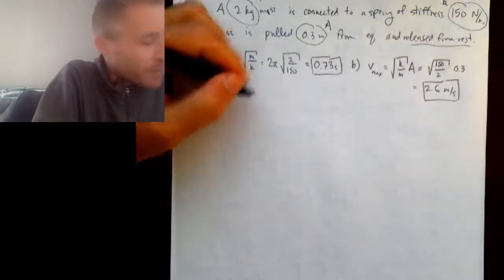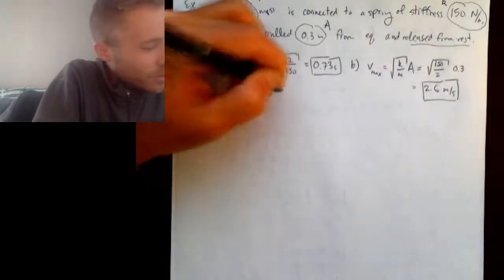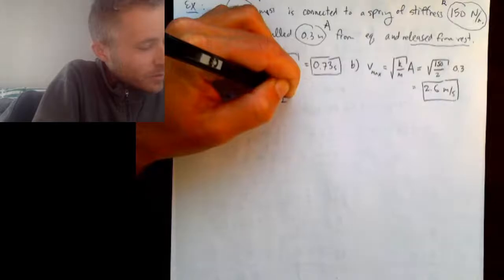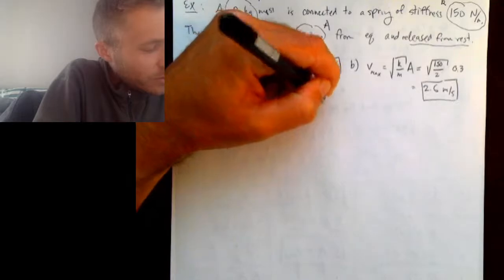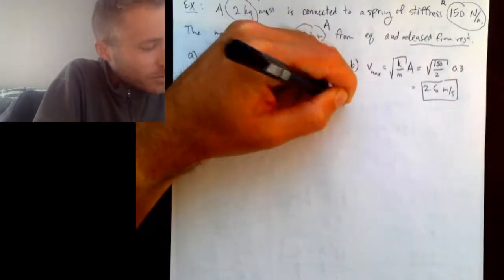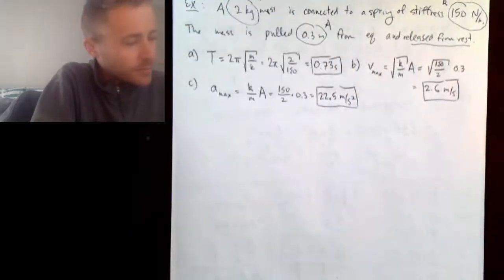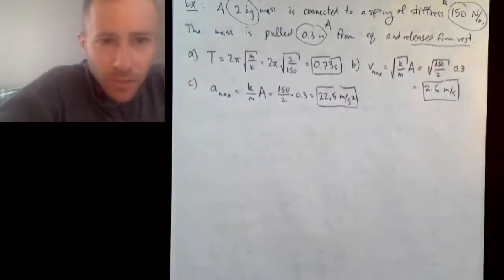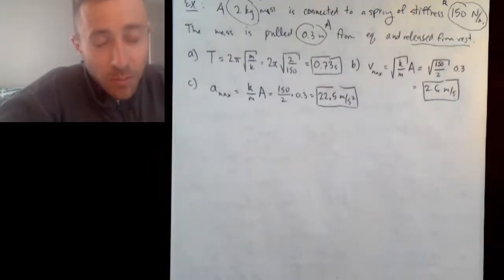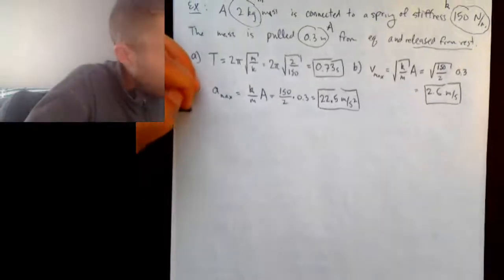That is going to be k over m times the amplitude. So 150 over 2 times 0.3, which is going to be 22.5 meters per second squared, the maximum acceleration. So hopefully you're seeing that with the mass spring system, the concepts are a little bit challenging, but the problems boil down to pretty much just using the equations. So it's really not that bad.